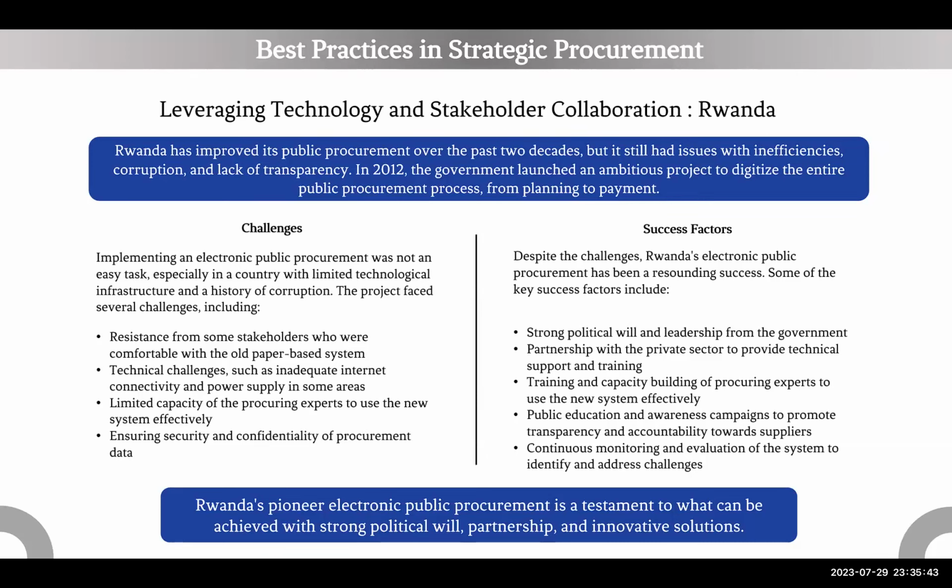And then for the success factors, we can leverage everything that Rwanda has done, and it will help to improve our public procurement system. Largely, partnership with the private sector is a major one that would help us.